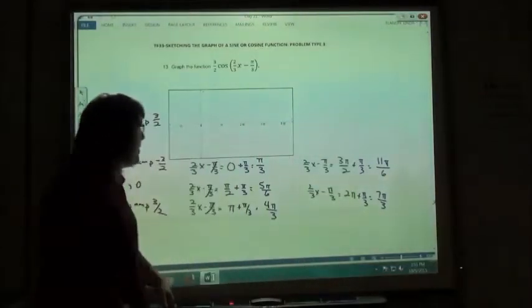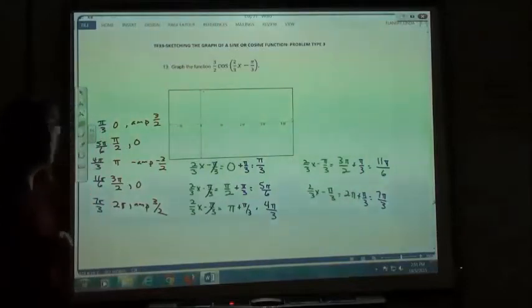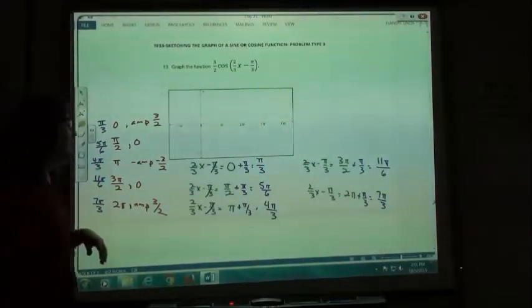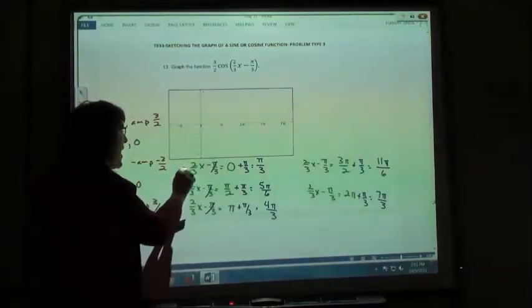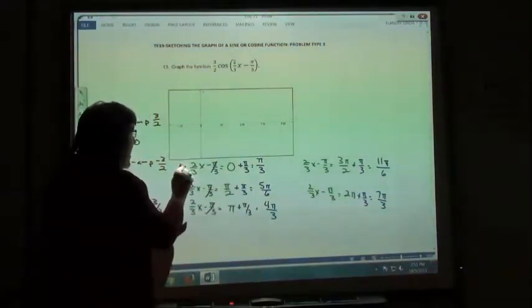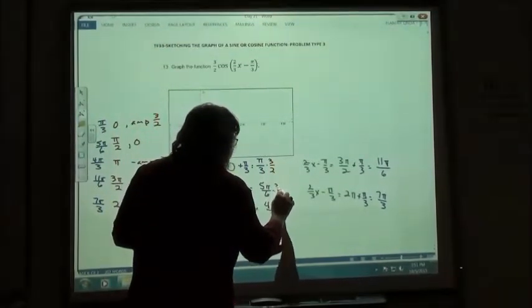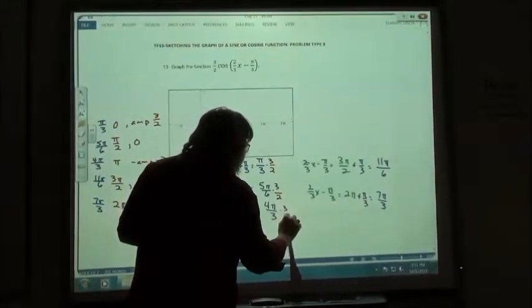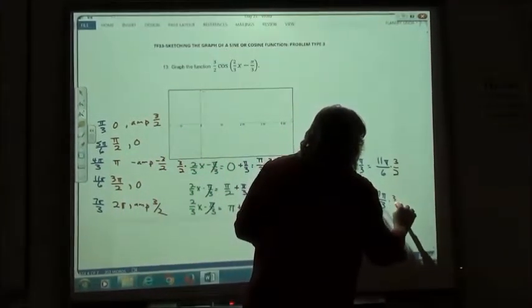I only did one step. I added the pi over 3. I still have to do the 2/3 part of it. I only did half my problem. So I need to get rid of my fraction, so now I need to take each of these times 3 over 2. I was going to say it won't fit on my graph, but I didn't finish.